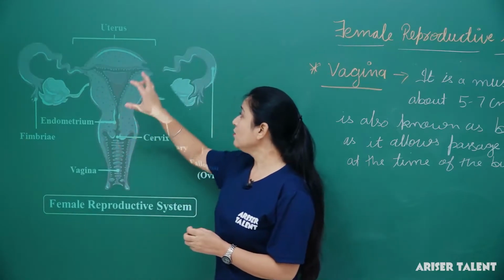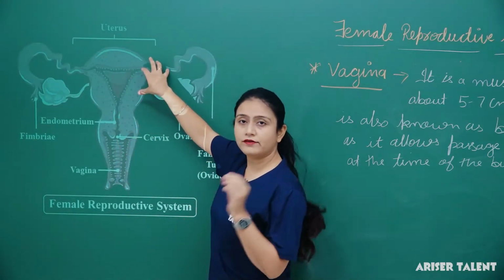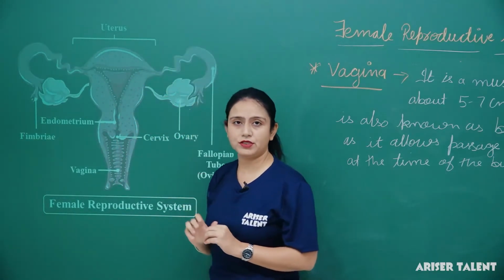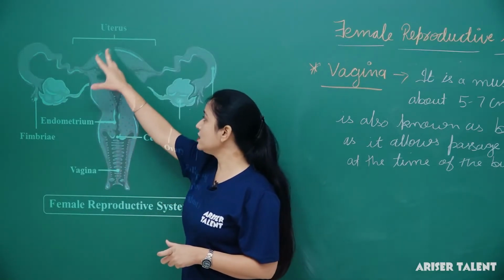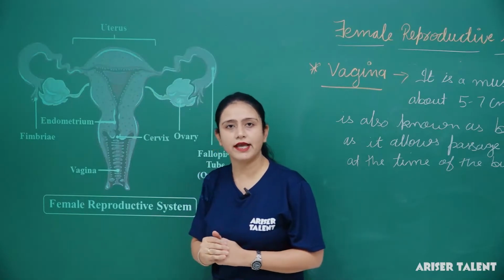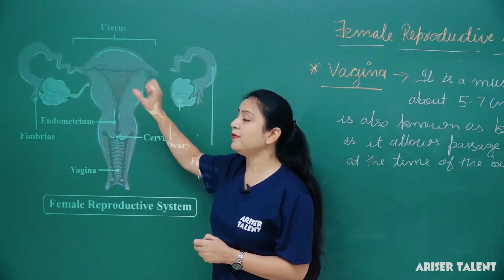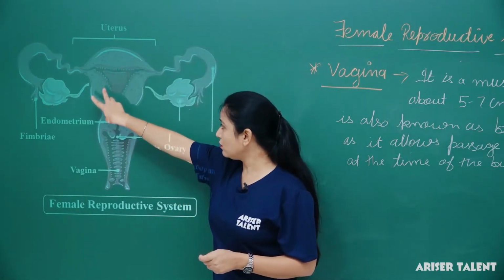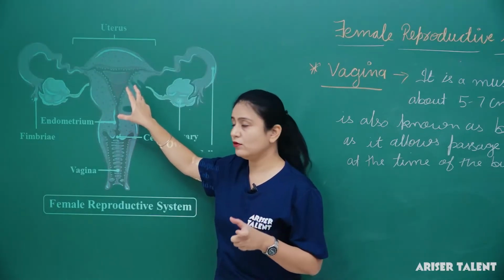When the fertilization takes place in the fallopian tube, the uterus prepares itself to carry that fertilized egg. How does it prepare itself? The walls get thickened.